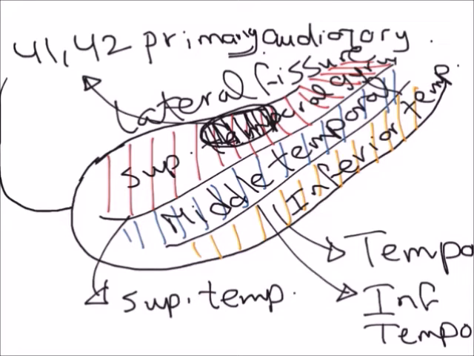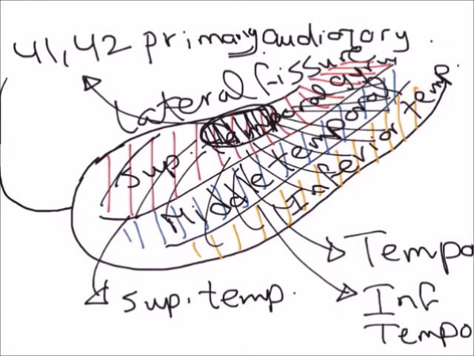And the rest of the temporal lobe has the function of interpretation of auditory stimuli, so it knows the meaning of the sound.